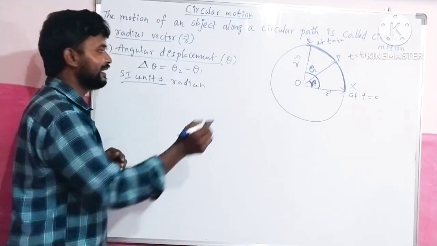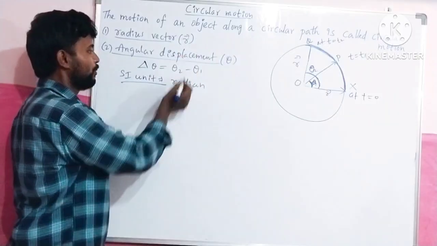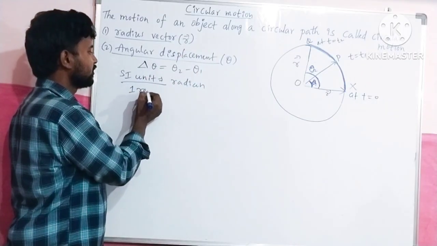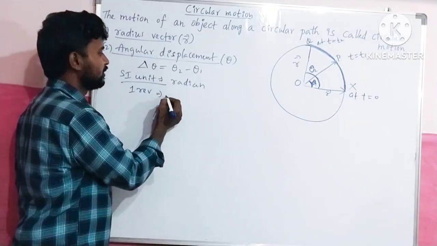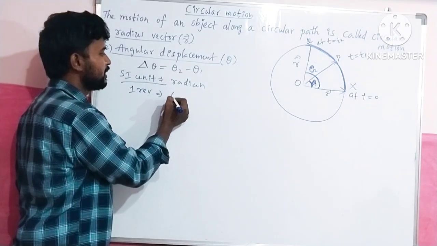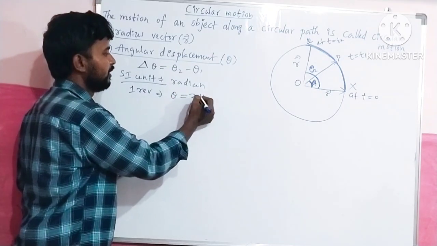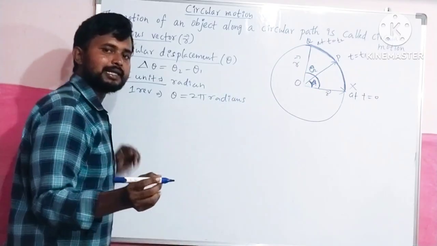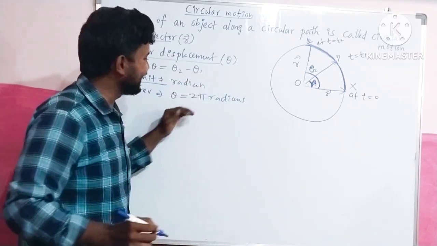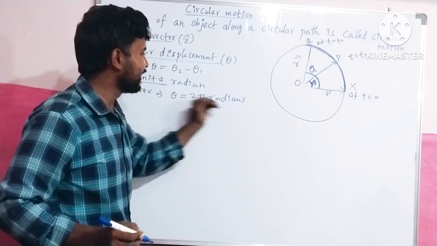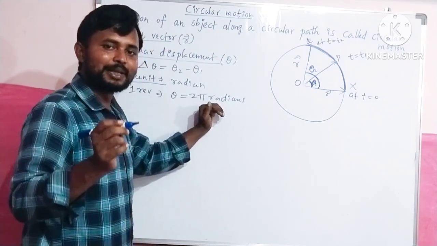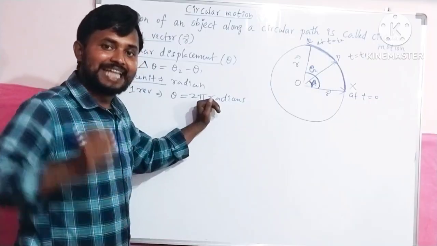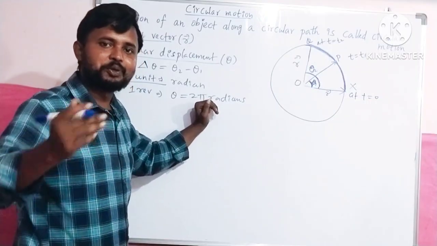For example, if a particle completes one circle, how much is the angular displacement to complete one revolution? Angular displacement is 2 pi radians. If a particle completes 5 revolutions, that means 5 into 2 pi. 10 revolutions means 10 into 2 pi.